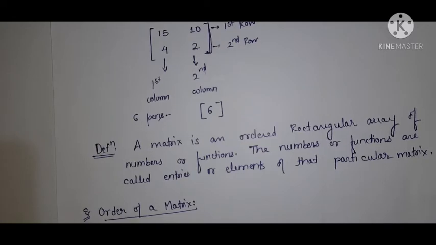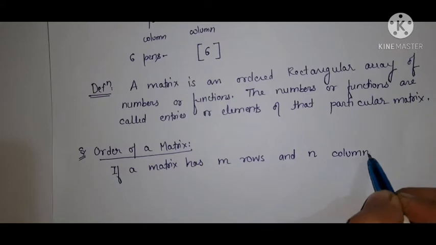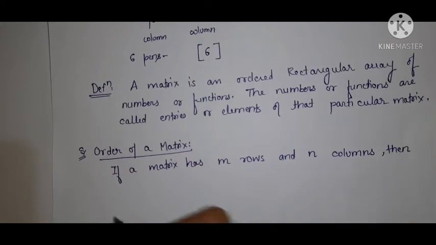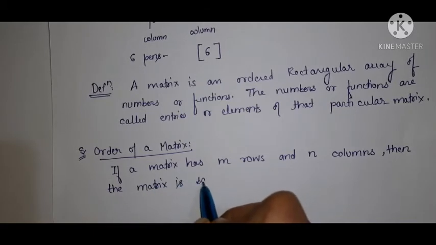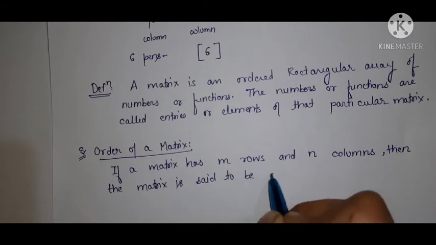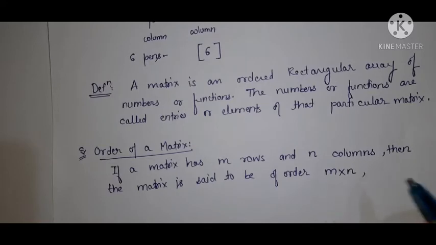If a matrix has m rows and n columns, then the matrix is said to be of order m cross n, or we can say m by n matrix. Here m denotes the number of rows and n denotes the number of columns.